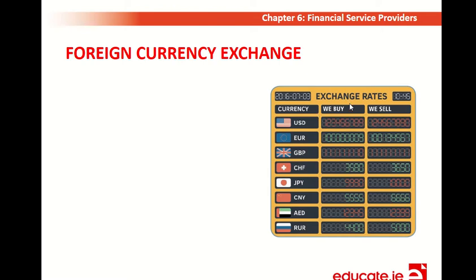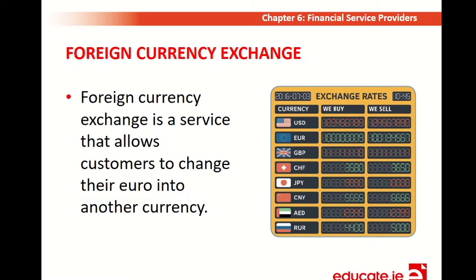Now they'll buy it at a different rate than they'll sell it at. They'll actually sell it at a higher rate than they'll buy it back. So if you come back from holidays, you won't get as good value on your exchange rate. So just be aware of that.